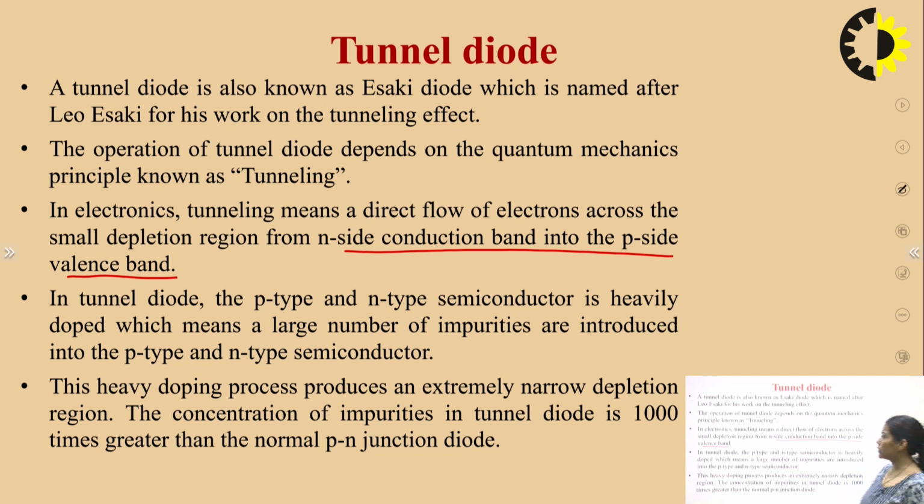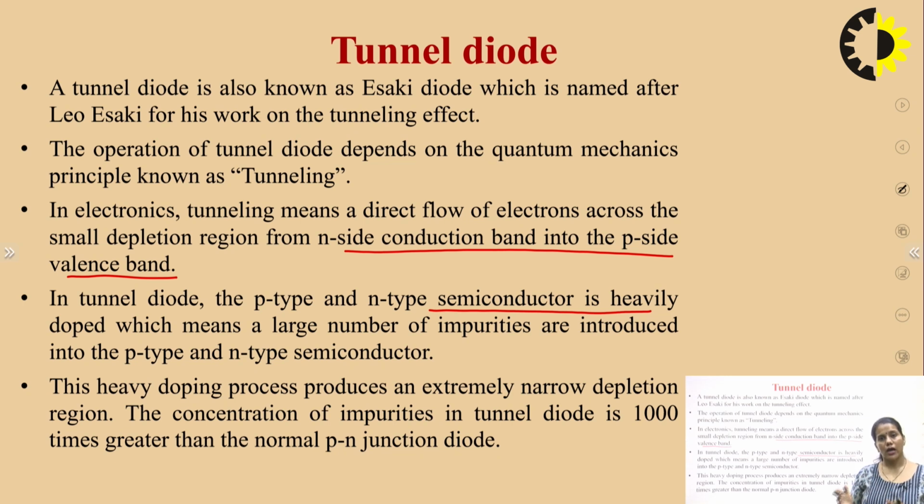In tunnel diode, the p-type and n-type semiconductor is heavily doped, which means a large number of impurities are introduced into the p-type and n-type semiconductor. This heavy doping produces an extremely narrow depletion region. As we know, with the increase in doping, the width of the depletion region decreases.